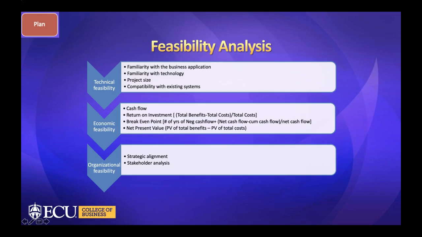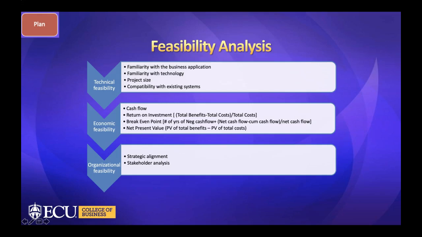And net present value is the present value of the benefits I will get. So you're not subtracting total costs from total benefits, but you're looking at the present value of total benefits and costs, looking into the payments into the future.